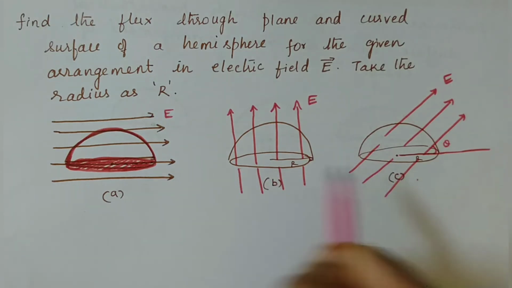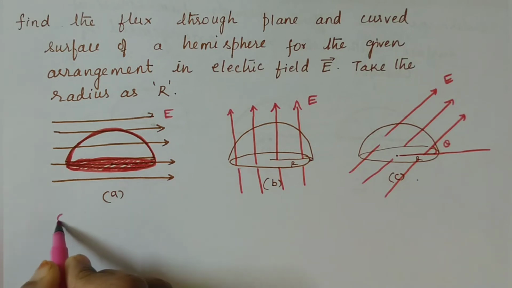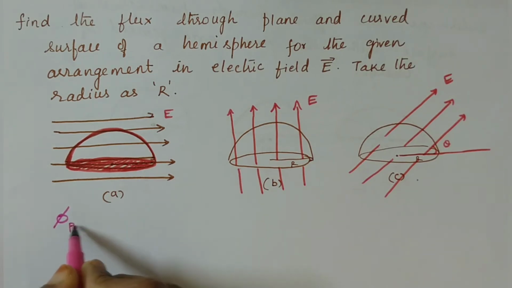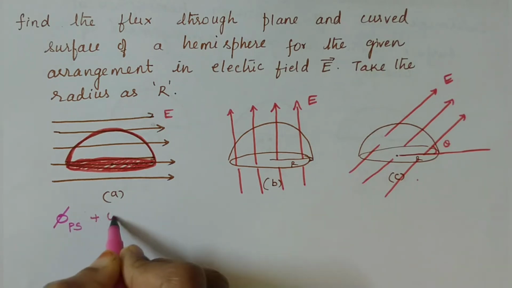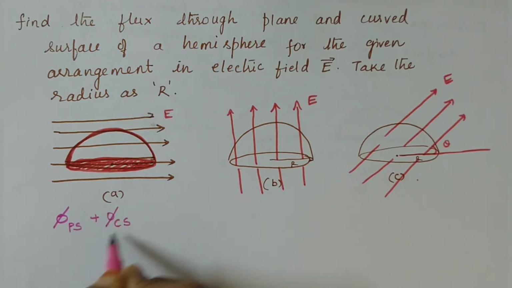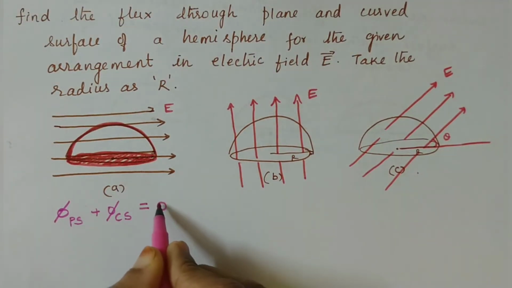In all the 3 cases, none of them is enclosing any charge. Since no charge is enclosed, flux through the plane surface, the shaded one is the plane surface, plus flux through curved surface, PS is plane surface and CS I am writing it as curved surface, sum should always be 0.